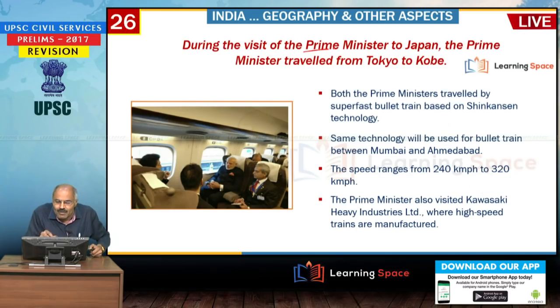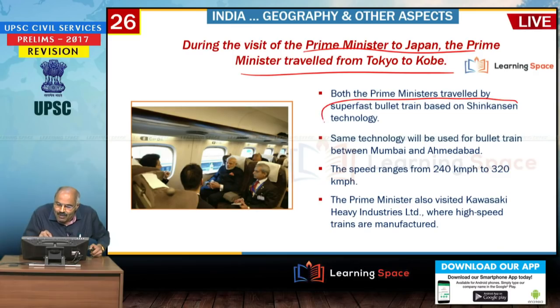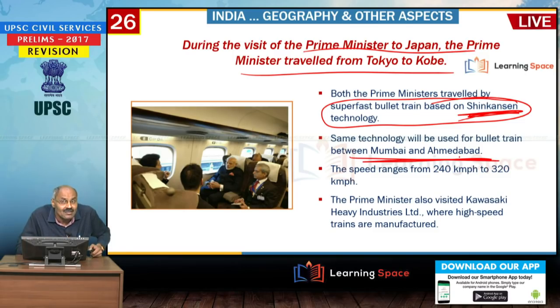Then during the visit of the Prime Minister to Japan, the Prime Minister travelled from Tokyo to Kobe, and why I have taken this news item is the bullet train which the Prime Minister travelled is based on Shinkansen technology, very important, and Shinkansen technology of Japan will be used for bullet train between Mumbai and Ahmedabad.